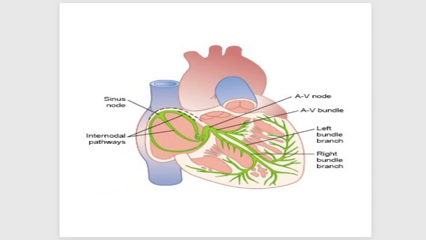The sinoatrial cells generate these regular impulses because they are electrically unstable, and this instability leads them to discharge or depolarize regularly, usually between 60 and 80 times a minute.